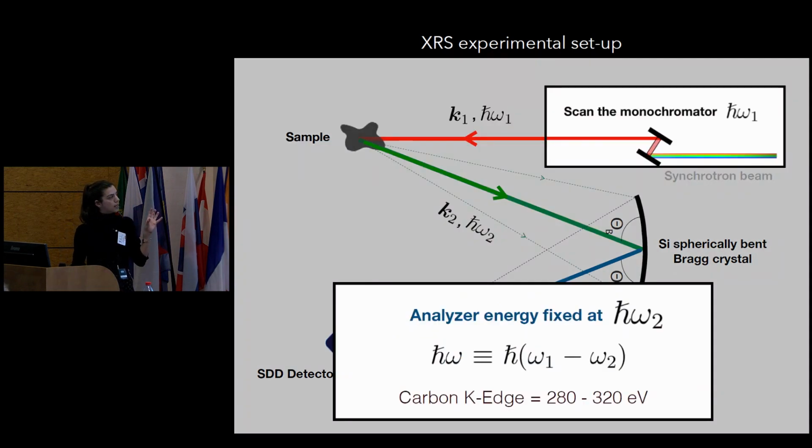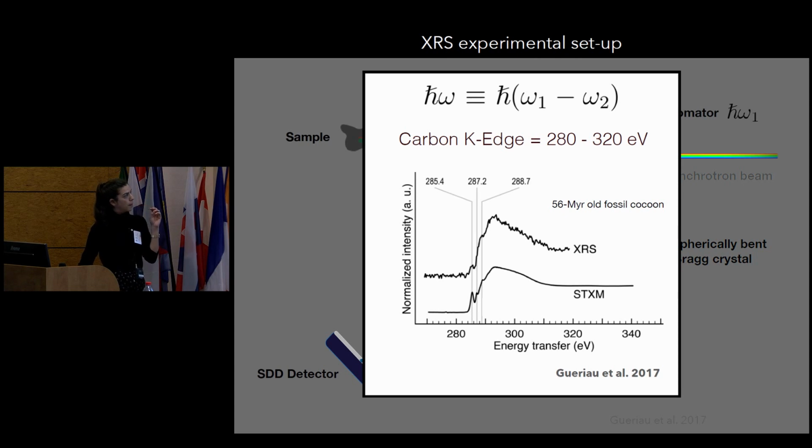We keep the analyzer energy fixed at the scattered photon, and then we scan the monochromator so that the energy transferred to the system, the energy loss, corresponds to the K edge of the element that we are interested in. In this case, the carbon K edge is 280 to 320 eV. And again, as I said before, we obtain a spectrum that is comparable to the STXM one.